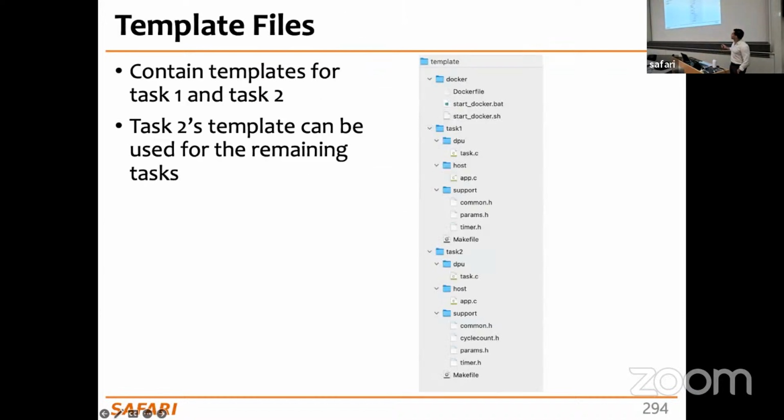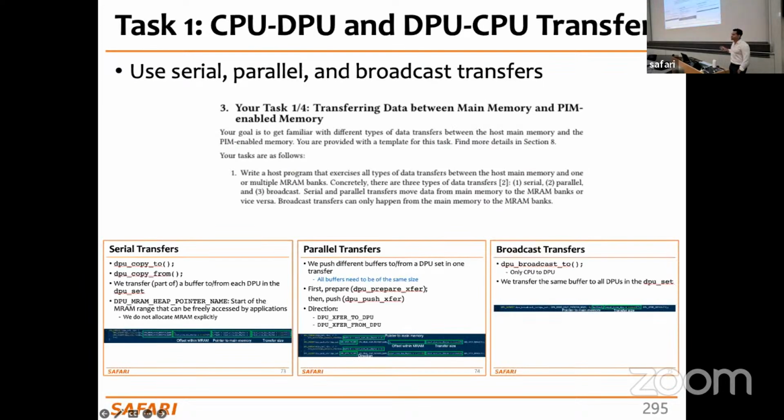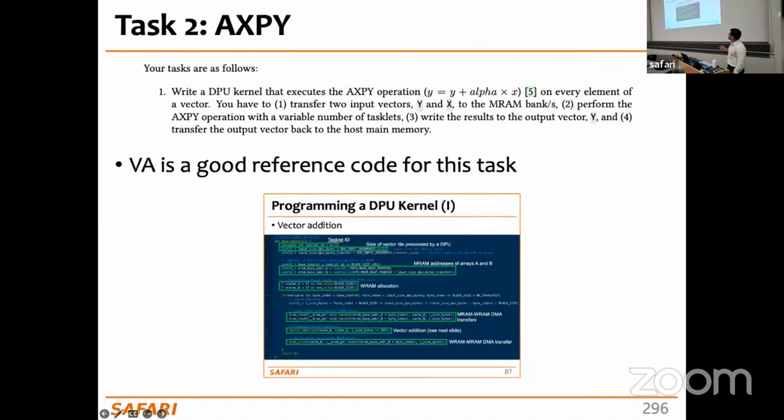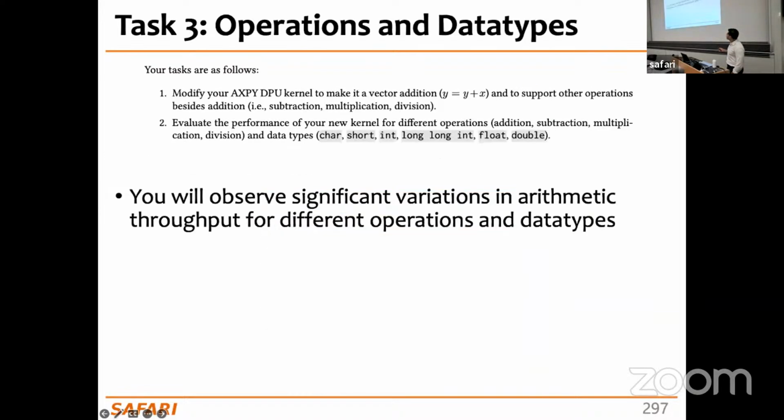You're going to find inside the handout two template files, for task 1 and for task 2. In task 1, you're just going to play with the data transfers, serial, parallel, and broadcast, and measure their performance using instruction counts. In the second task, we are going to implement a simple kernel which basically performs y equals y plus x. Then you're going to check this kernel with different data formats.